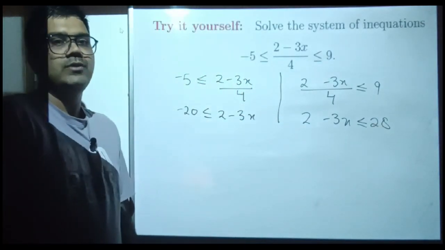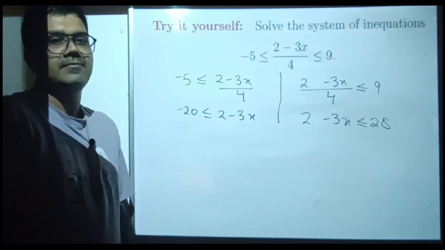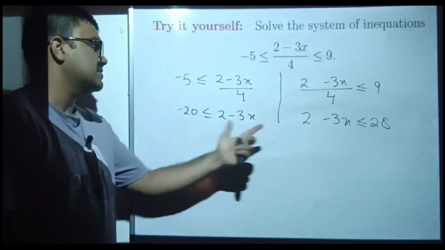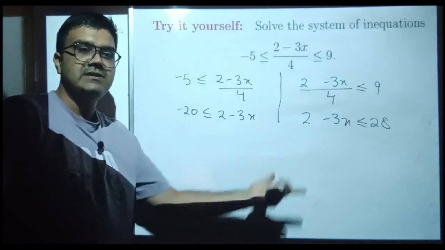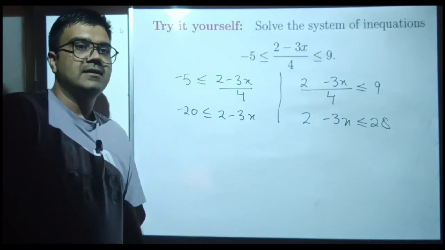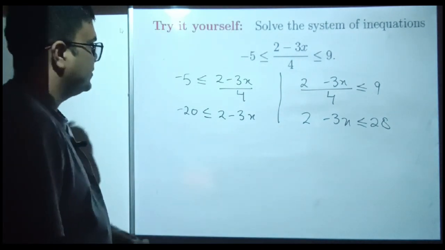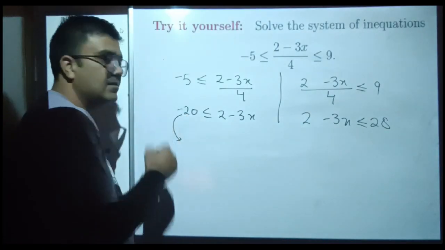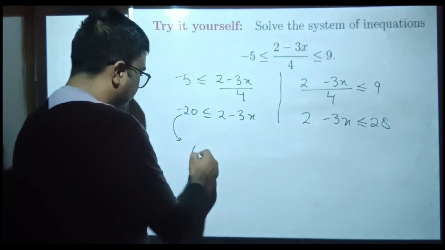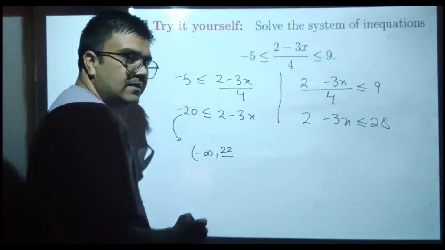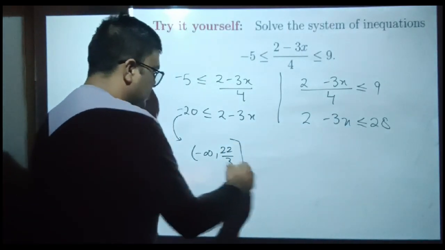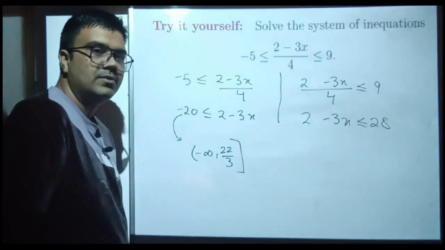So these are the two inequalities we have obtained, and when you solve them, you will obtain two different intervals. When you solve this part, you will obtain the interval minus infinity to 22 by 3, closed. You can try solving this on your own.